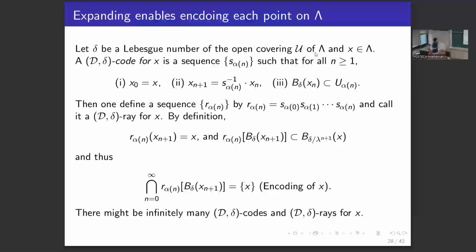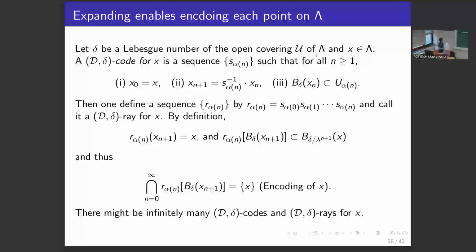And then, before giving what fellow traveling is, if you have an expanding action, then you can get some notion of encoding each point in Lambda.